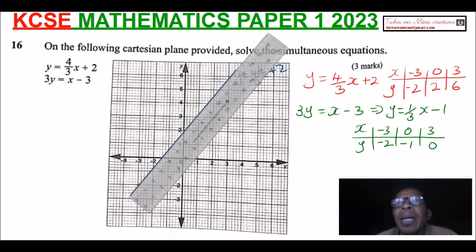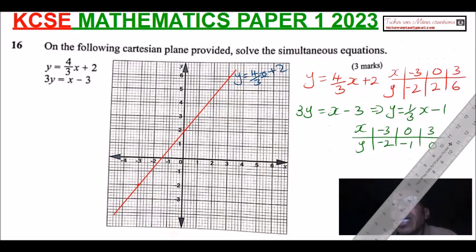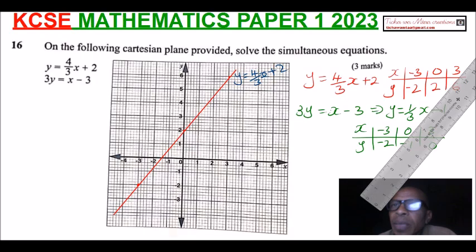I wanted to use a red color, so you can bring it down like that, and then you plot your graph like that. That is how you do it using a ruler, and then we have labeled.